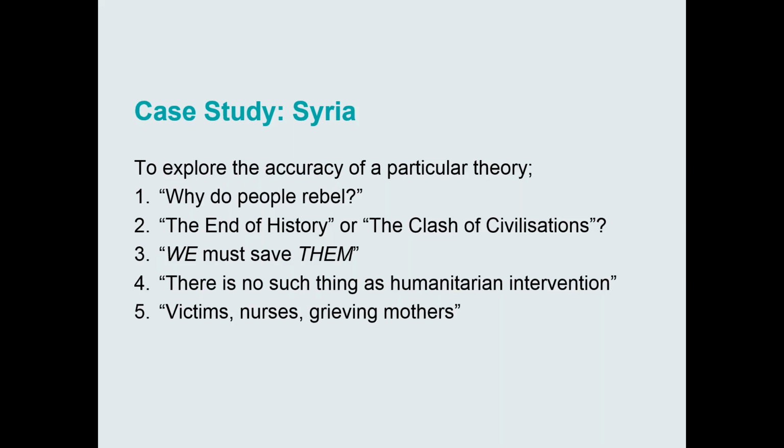It also obscures the extent to which, this is the argument, we have created their problems. So many people in the case of Syria would say, let's just take a step back here. Western states have supported Assad historically, have provided him with political, economic, military support, going back many, many years.